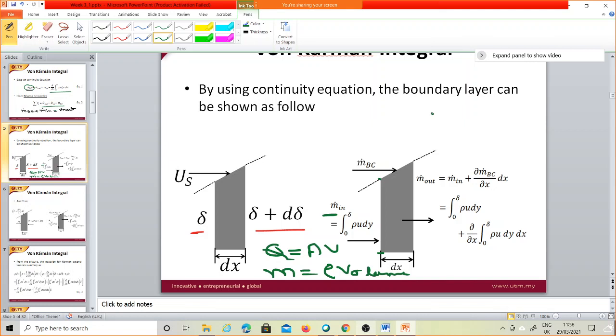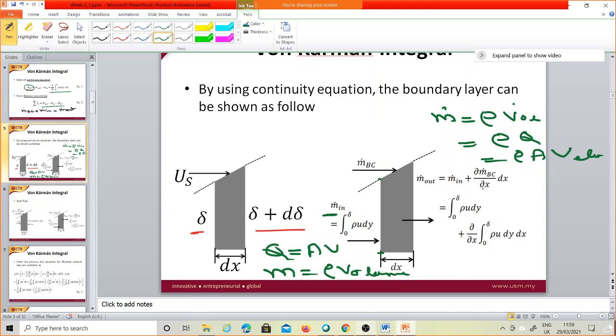So your m dot will be rho times volume dot, and volume dot is nothing but the flow rate, that is Q. So we have rho A V, where V is velocity. The area here is the cross sectional area, that is dy, but the width is 1, so we have 1, and you integrate dy from 0 to delta.